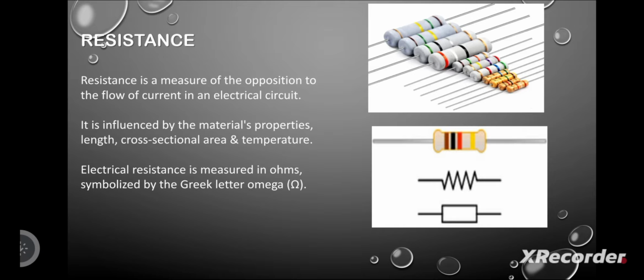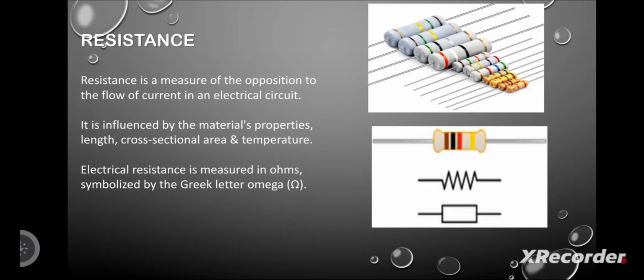The resistance is influenced by the material properties, length, cross-sectional area and temperature. The electrical resistance is measured in ohms, symbolized by the Greek letter omega. The symbol of resistance is a zigzag.